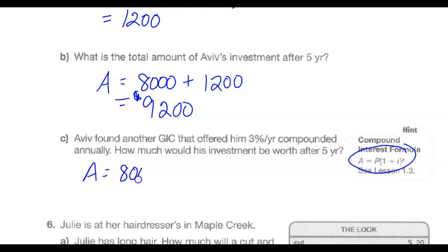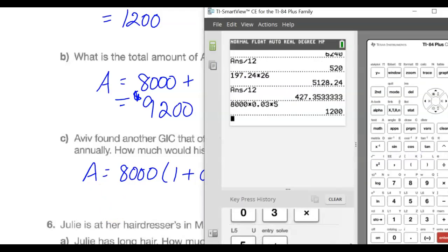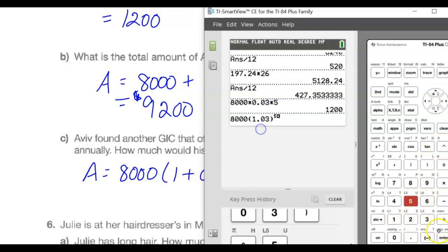So the initial amount invested, times 1 plus the interest rate per compounding period. Well, it's annually, so that's going to be 0.03. And then it's compounded 5 times, once a year for 5 years. So on your calculator, you can do it all at once. Bracket 1.03, close the bracket, to the exponent 5.